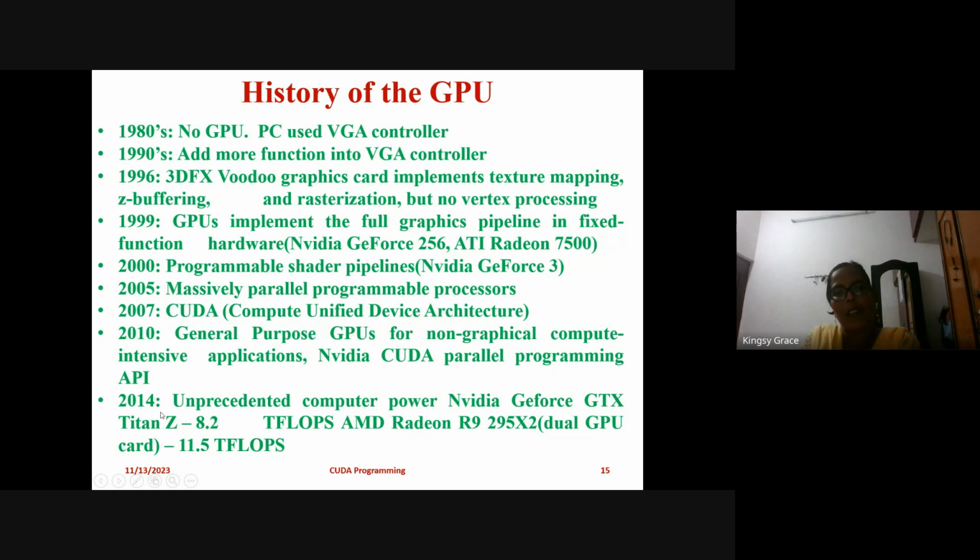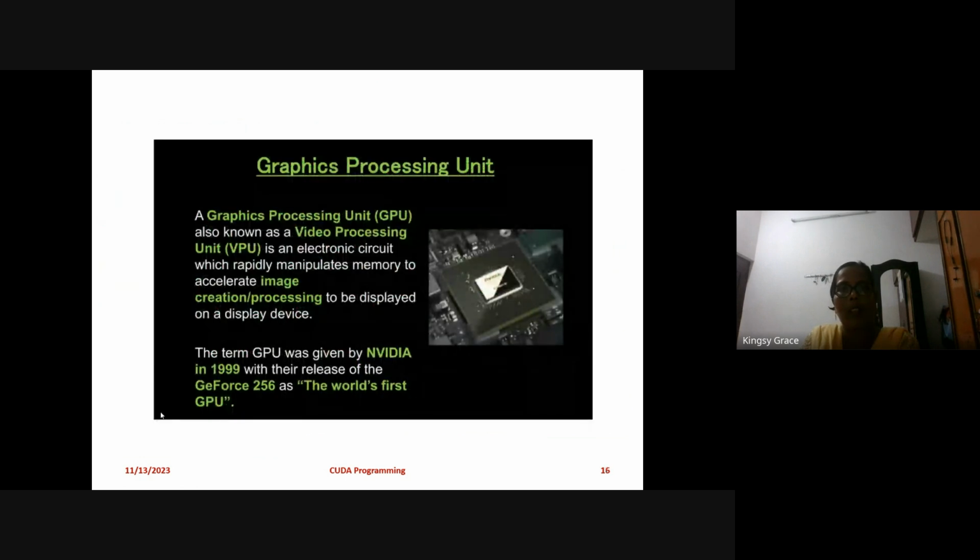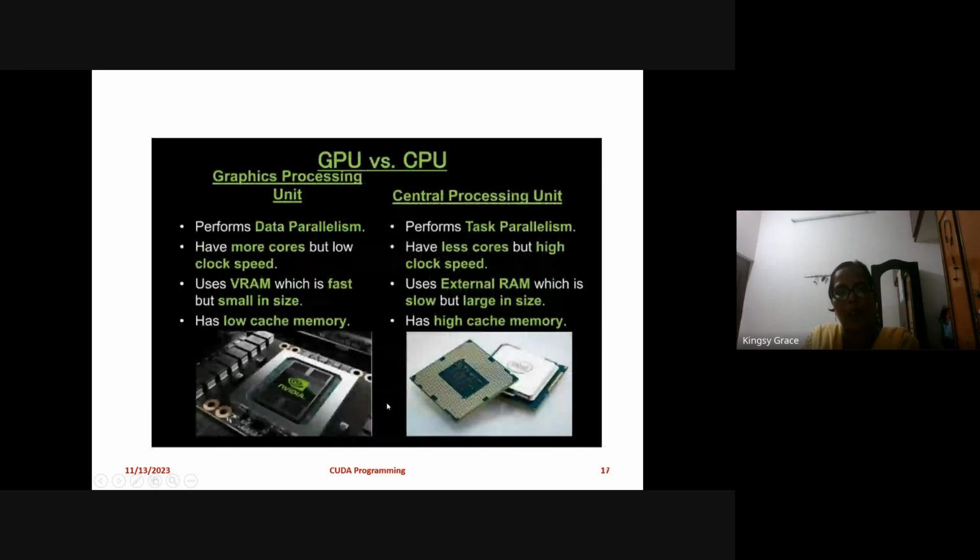Afterwards, many GPUs were developed by different companies. We can also call the GPU a video processing unit, another name for it, because GPUs are mainly used for video processing. The name GPU was given by Nvidia in 99 because of releasing the first one.